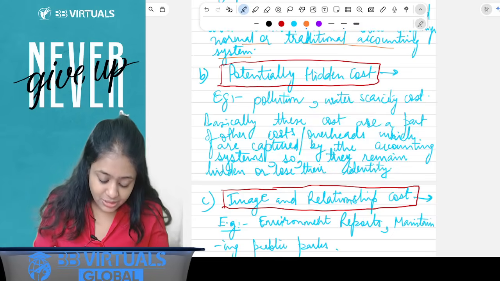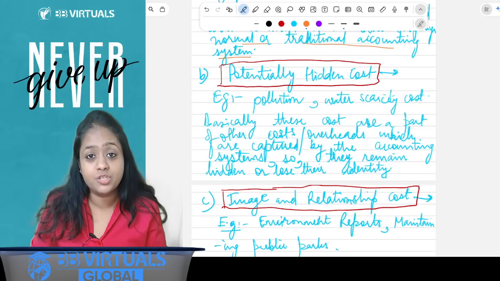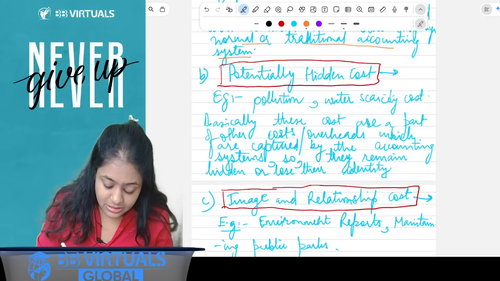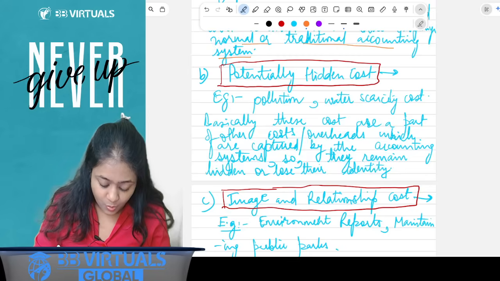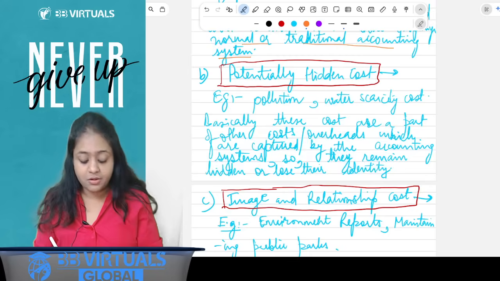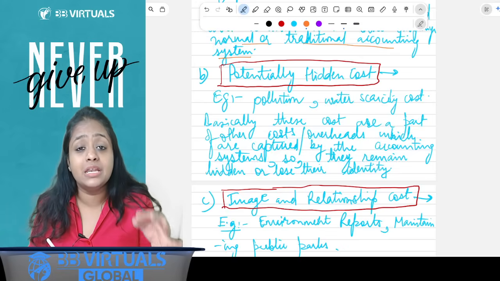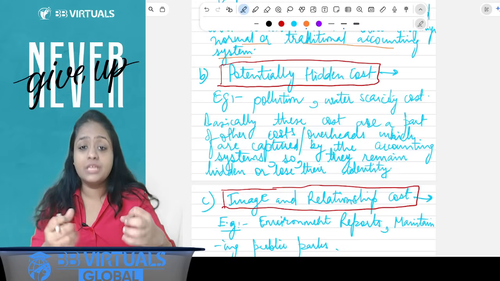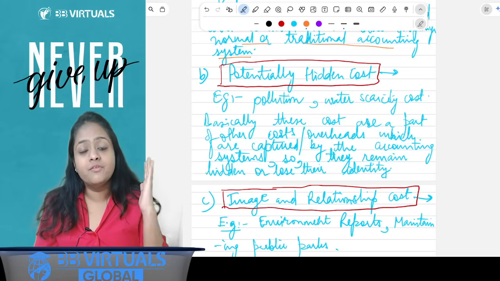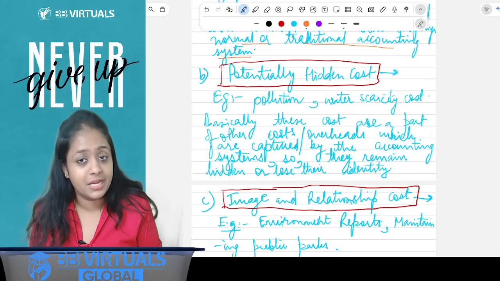So these are potentially hidden costs, for example, pollution-related cost and water scarcity cost. Basically these costs are a part of other costs or overheads captured by accounting systems, so they remain hidden or lose their individuality. Now we have to take out these costs and show them individually as a separate cost, which is the treatment for potentially hidden cost.